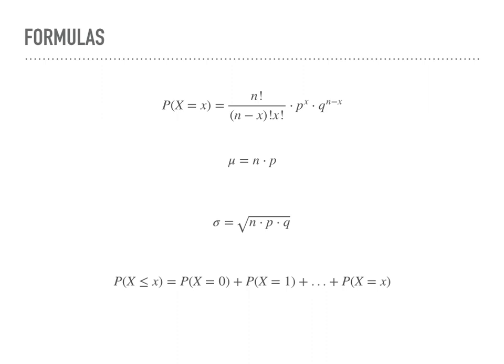Now, it's not too bad if we're doing the probability that x equals a given number, but if we're saying the probability that x is less than or equal to 6, that means we have to do the probability x equals 0, x equals 1, x equals 2, x equals 3, x equals 4, x equals 5, and x equals 6. That's 7 probabilities that we have to find. 7 times we're using this first formula here. So it might be nice to find a slightly more efficient way of doing this.